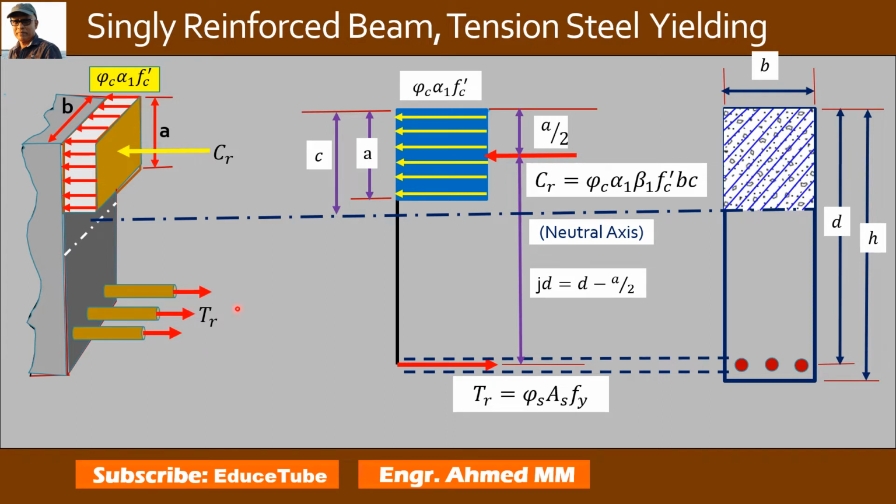Now these two forces, CR and TR, a couple of forces separated by JD, the lever arm, we need to use equilibrium of forces. How to do that? Let's see.